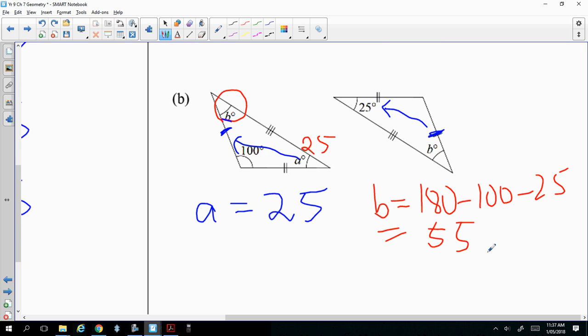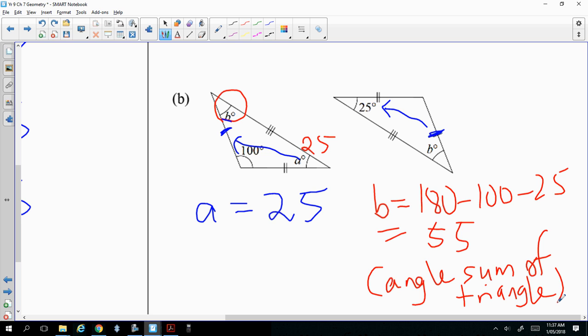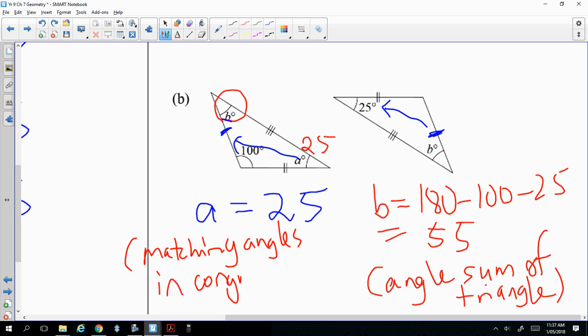All right, we need to write down a reason. I think the question did say give a reason. Oh, no, it doesn't. Okay. But if you have to give a reason for A, you write down matching angles in congruent triangle. Like that, give a reason.